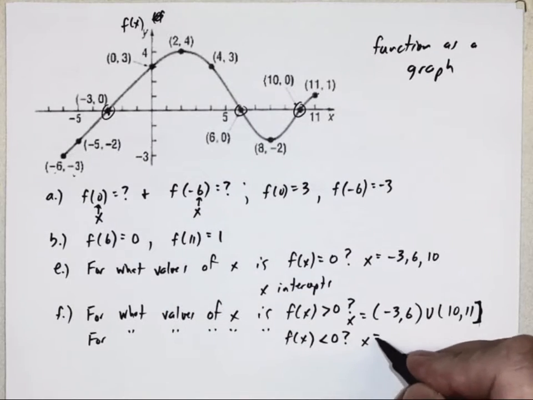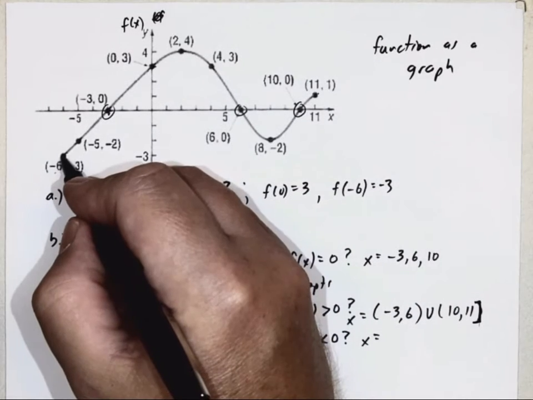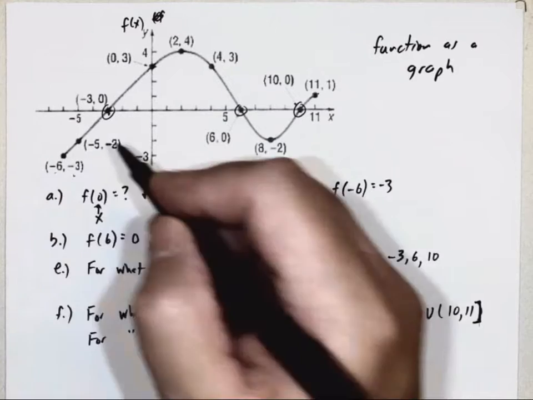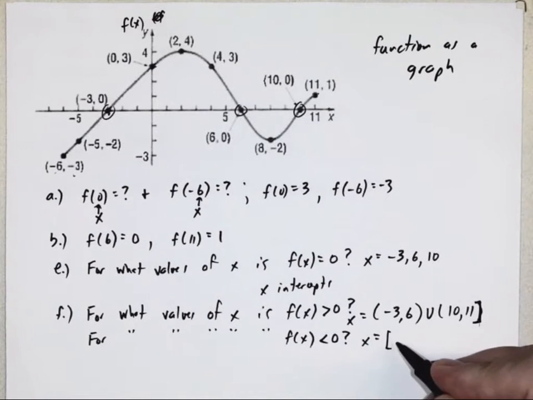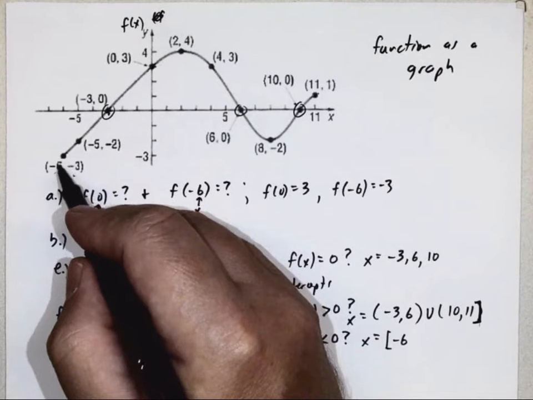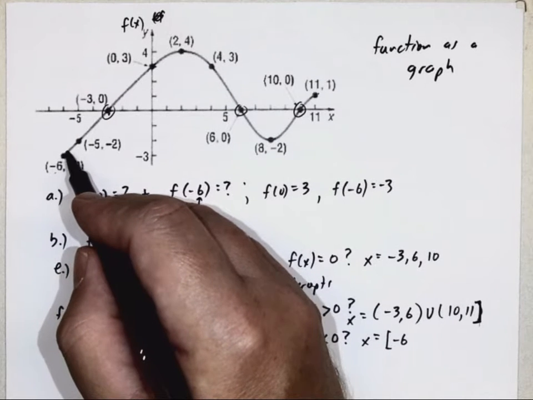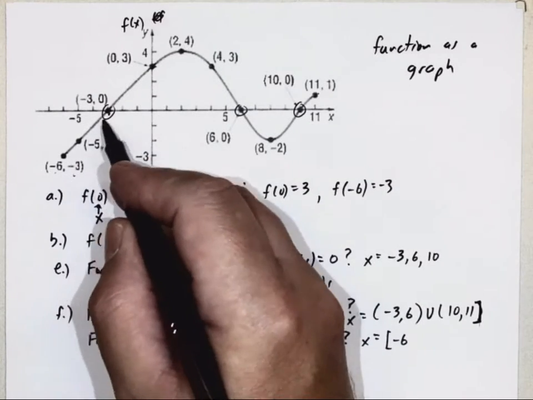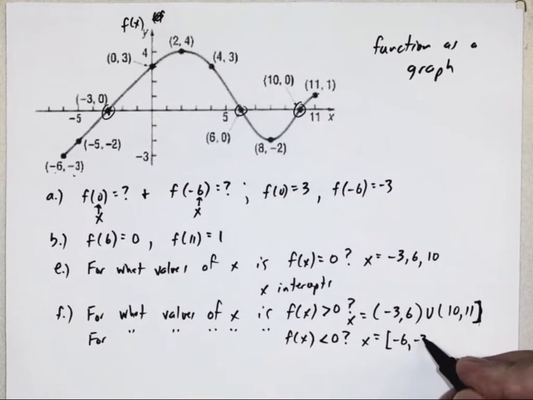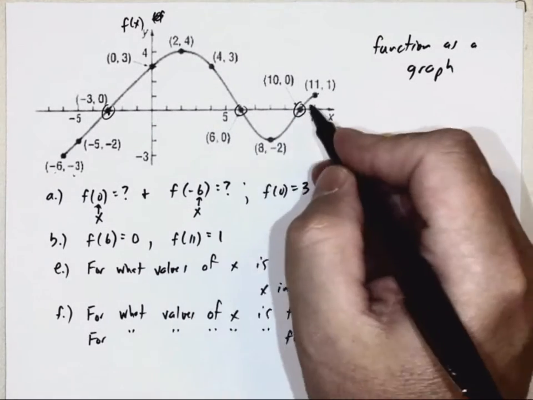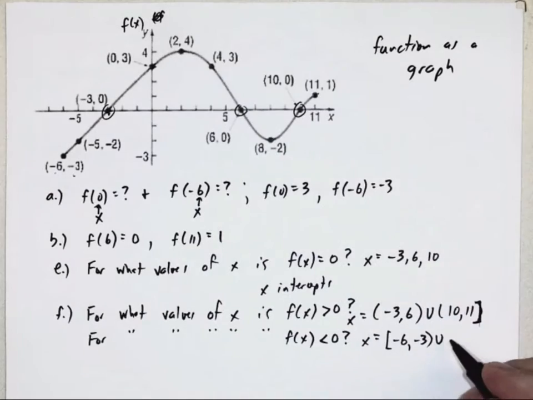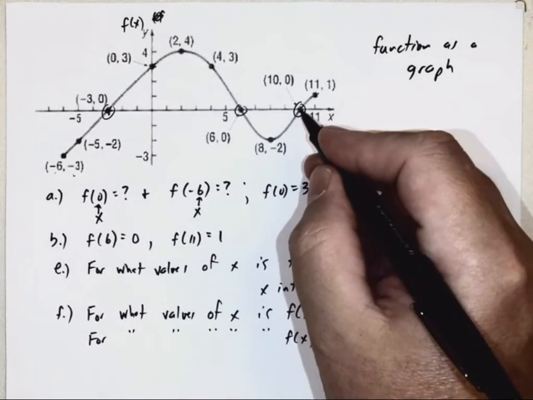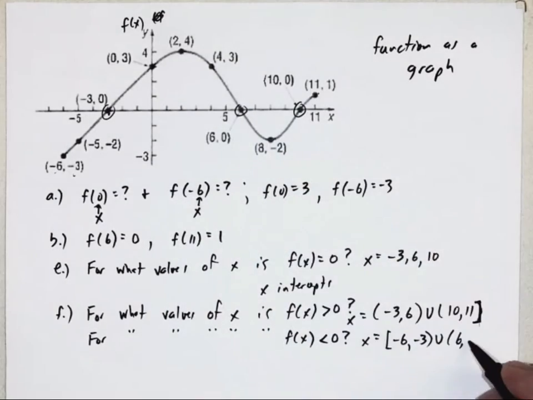So therefore, if I union those together, I start at -6, and this point is actually negative, so I do a bracket, -6. So when x is -6, the function is negative, and until x gets to -3, the function's always negative. And then I union it with this little section here, which starts when x is 6, and it stays negative until x is 10.